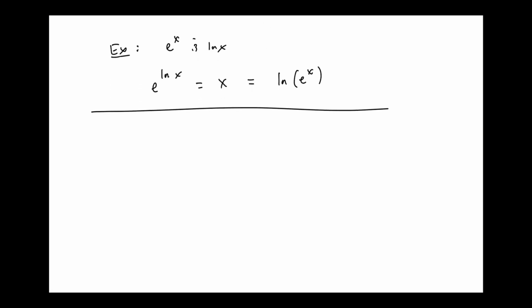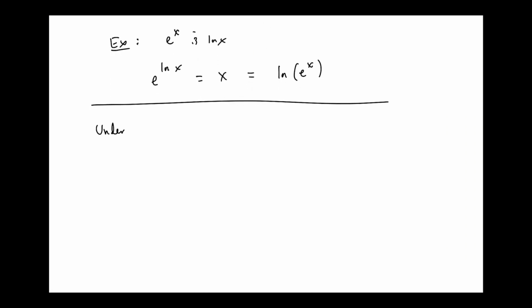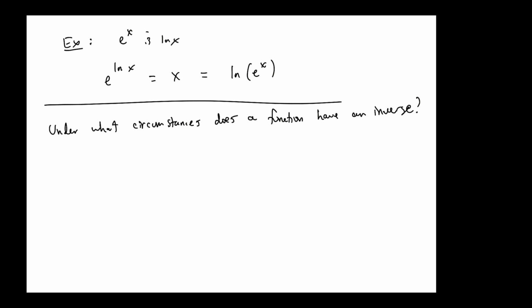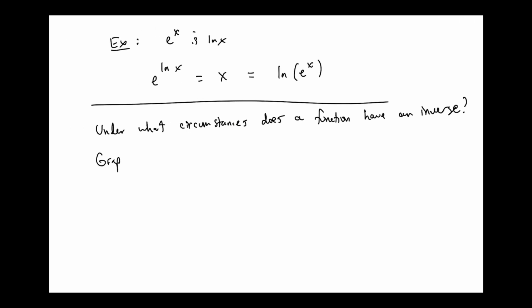Okay, so let's write that out. Under what circumstances does a function have an inverse? Graphically, it passes the horizontal line test.